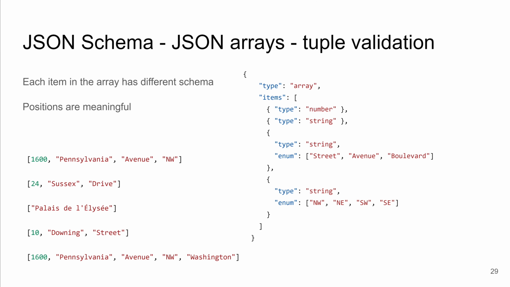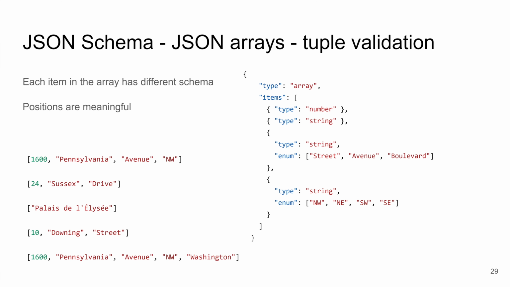The second item we want to be a string. The third item, a string with an enumeration of values. So it needs to be a string, but it also needs to be one of the values enumerated in the schema. And the same goes for the fourth item. And like this, we proceed with the validation.